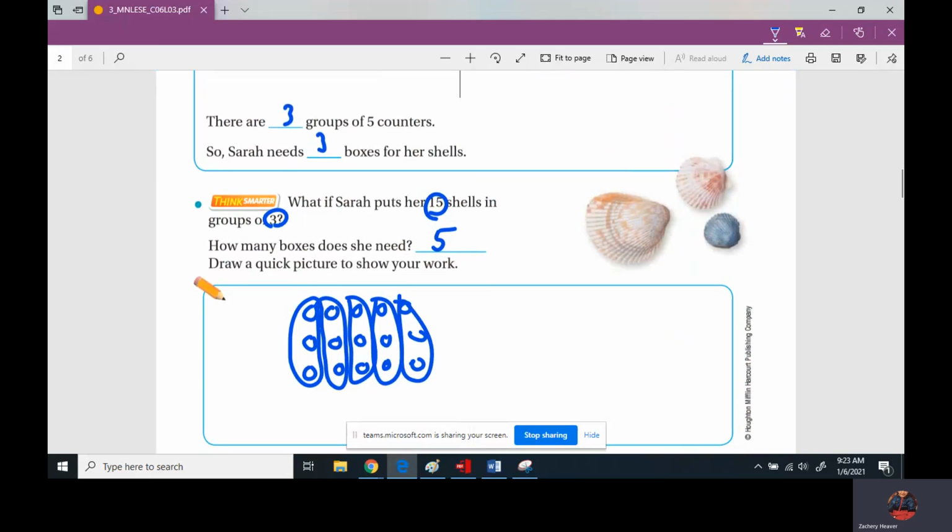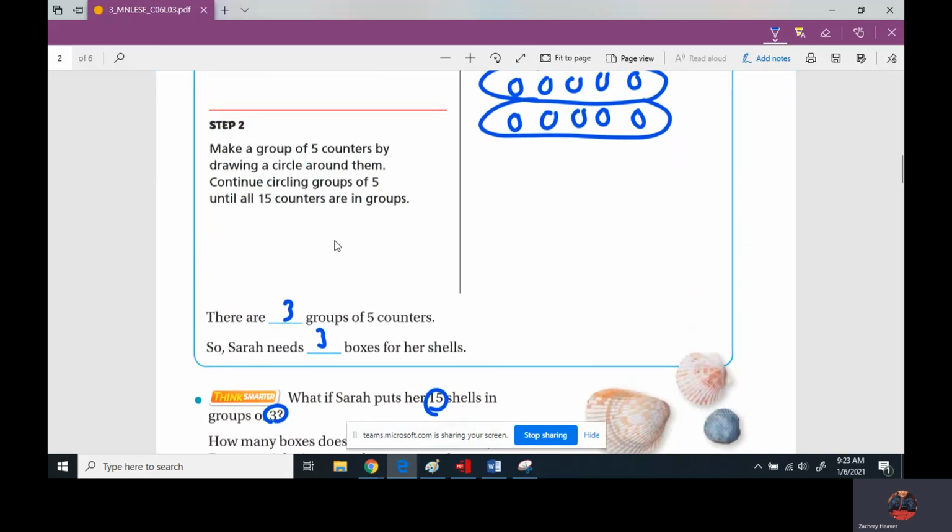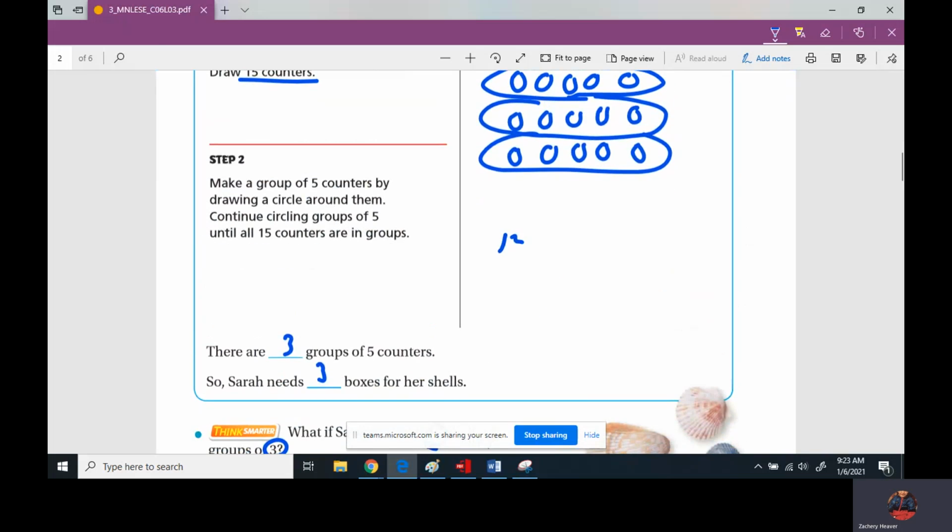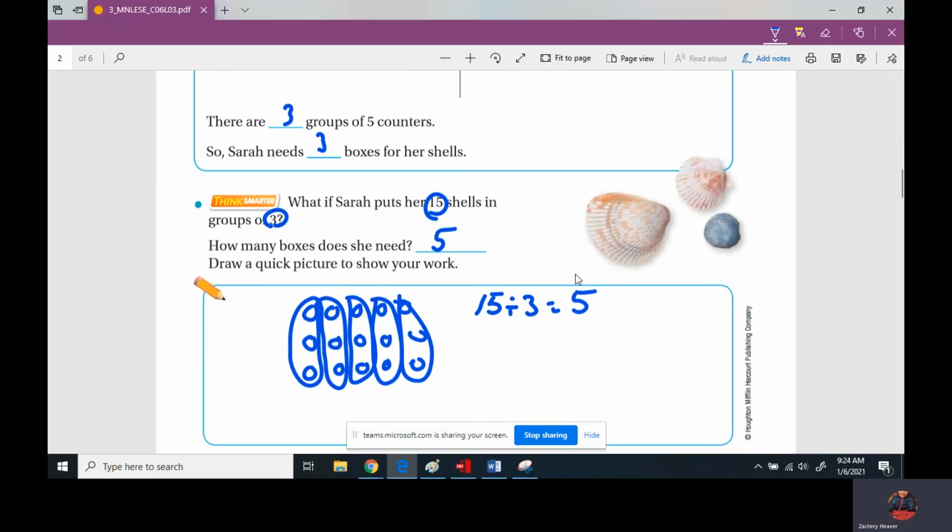She'll need 5 boxes. And the problem really is 15 divided by 3 equals 5. And the problem above was 15 divided by 5 equals 3. And we know that 3 times 5 equals 15. Down here, we know that 5 times 3 equals 15.